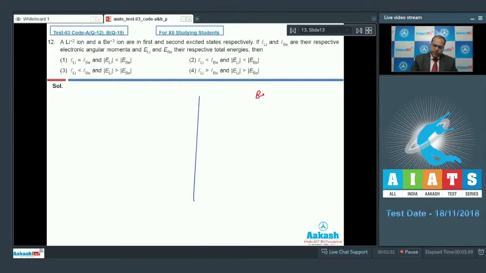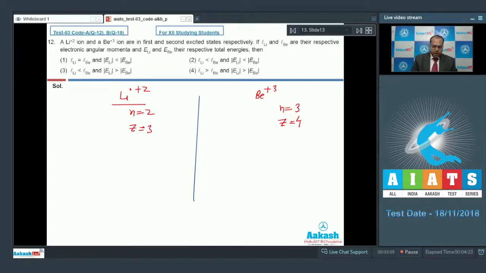Here we have Be plus 3 and here we have Li plus 2. Li plus 2 is in the first excited state, so N is equal to 2, and Be plus 3 is in the second excited state, so the value of N is equal to 3. The value of Z for Be is 4 and the value of Z for Li is 3.